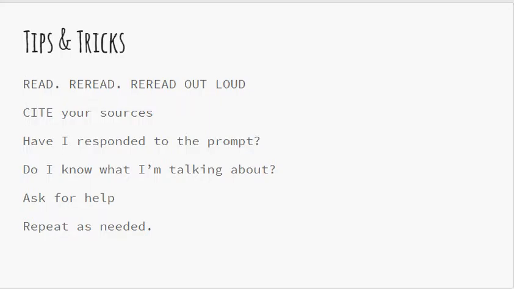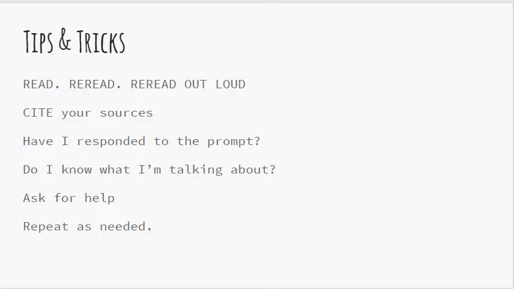Some basic tips and tricks for you. Read your essay. I know this sounds silly, but so many students, I feel like, don't go back and reread everything they've written. So read your essay, reread it again, and try rereading it out loud. I have found in my many years of essay writing that nothing is quite as helpful as reading my essay out loud.